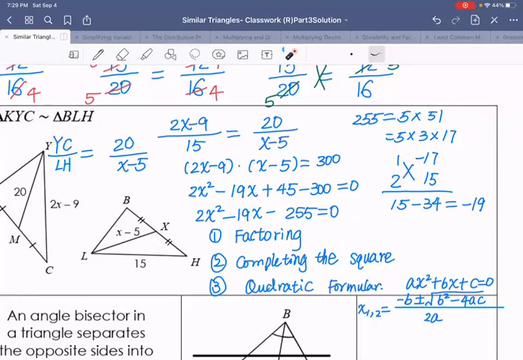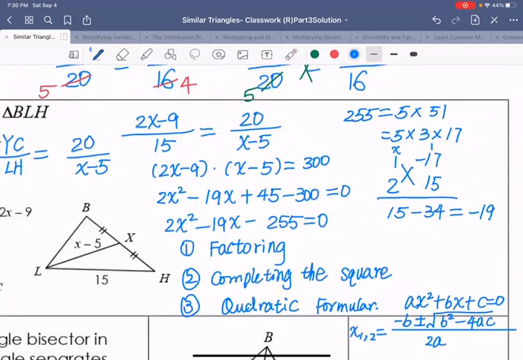I mean match not only the number, but also the sign in front of it. When all 3 conditions are met at the same time, your answer will be x minus 17 and 2x plus 15.